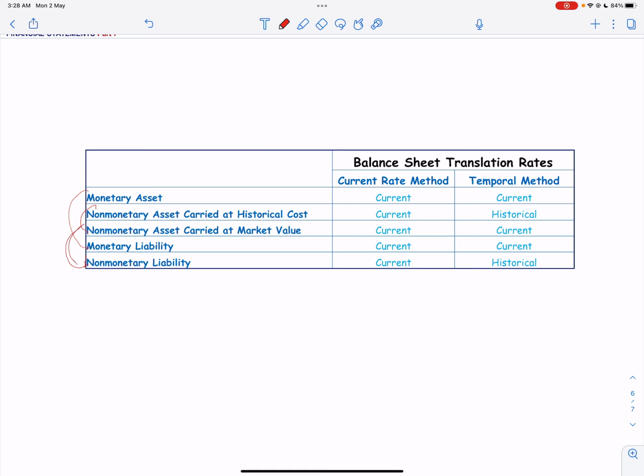For the current method, obviously we are using the current rates, but for the temporal method, for non-monetary assets, we are using the historical rates, and for non-monetary liabilities, we are using the historical rates. So this completes the first part of our explanation on translation of foreign affiliate financial statements using the temporal method.